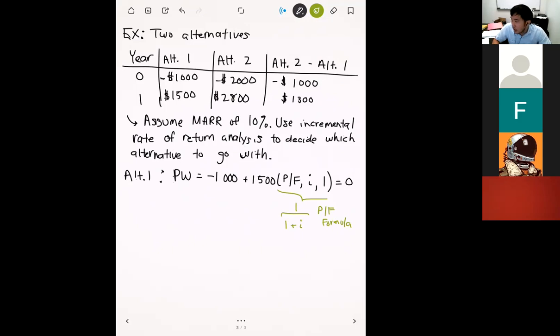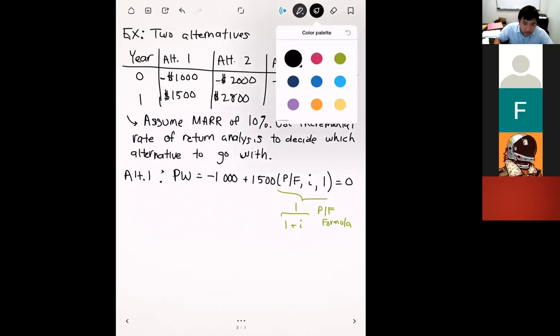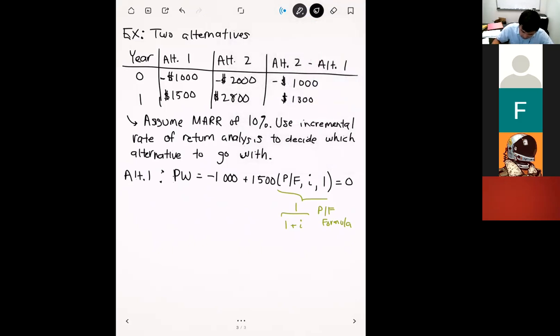Right, and so that's just our compound interest formula that we went over from before. Okay, and so if we plug that formula in, then what we get is 0 is equal to minus 1,000 plus 1,500 divided by 1 plus I. What I'm going to do from here is multiply both sides by 1 plus I. Okay.